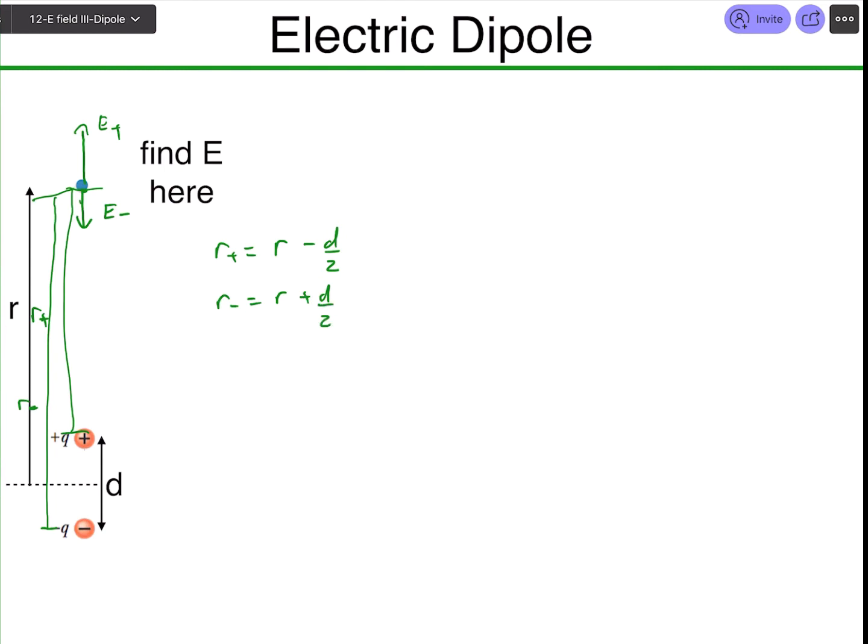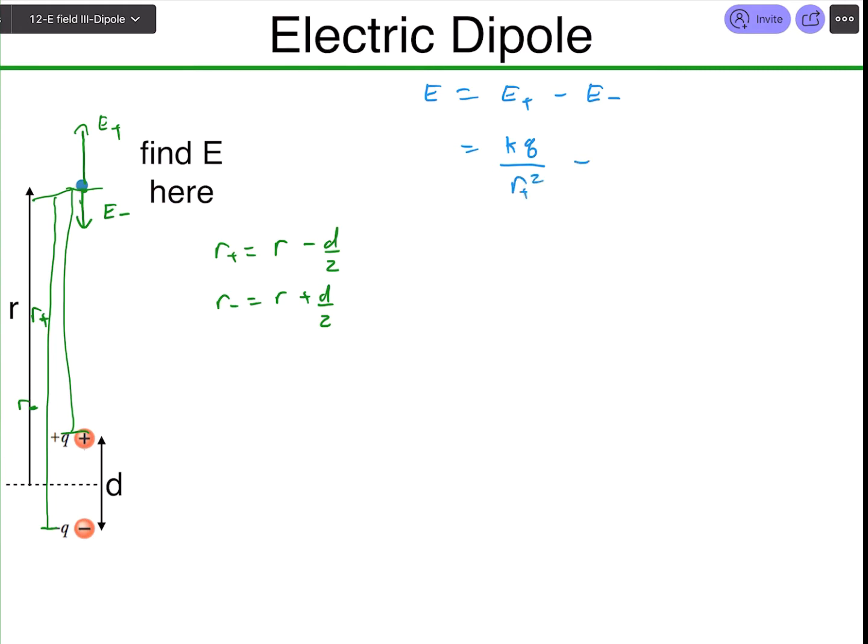So we need those two things because I want to calculate the electric field due to the whole thing. So I'm going to remove that little plus. The electric field due to the whole thing is going to be the electric field due to the positive charge plus, or minus because it's going in the opposite direction, the electric field due to the negative charge. So the electric field due to the positive charge is going to be K times Q over R plus squared.